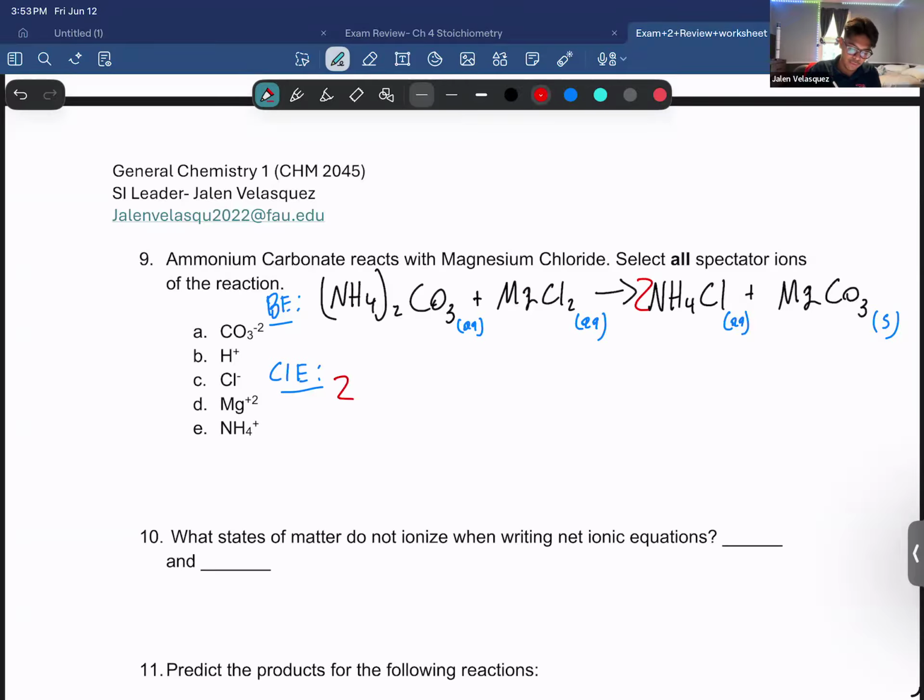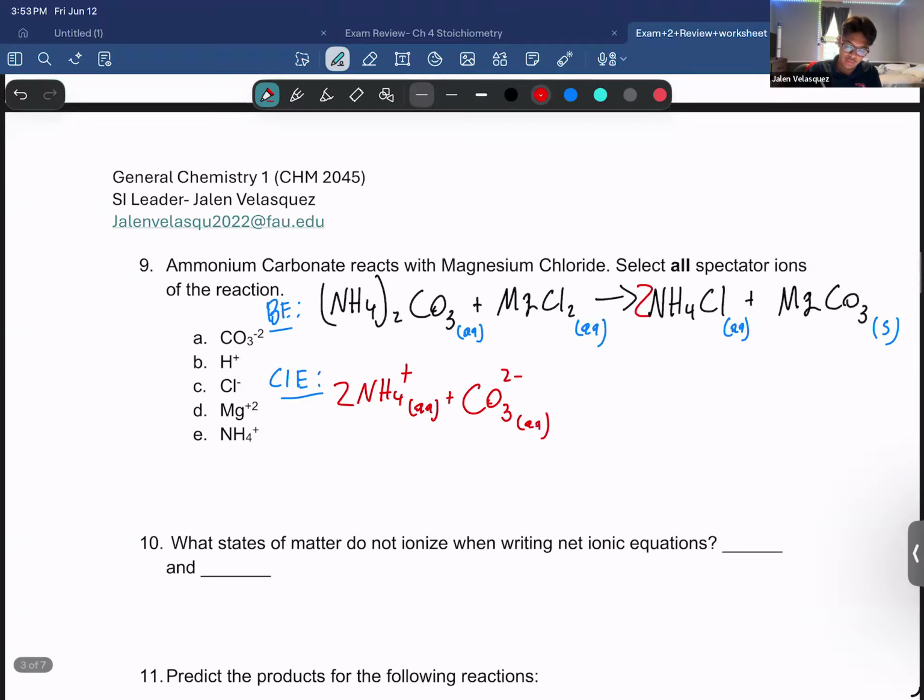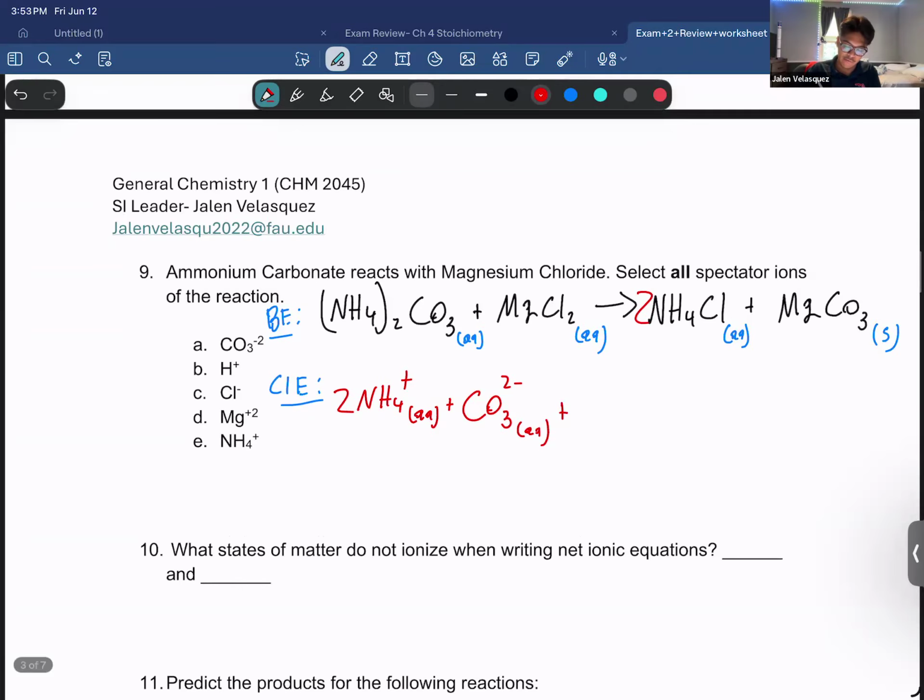So we have two ammoniums, and we just have one carbonate. Then we move to MgCl2, so we have Mg2+, and then we have 2Cl-.